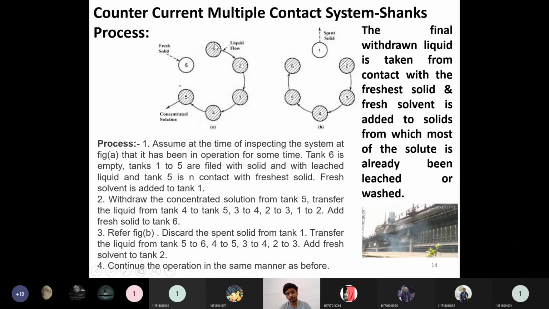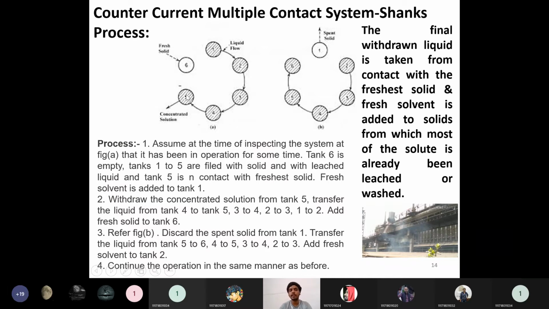It may be with some external force applied, or agitation, or some percolation tank. They are not discussing that, only the contact pattern. Tank 1 is first filled with solids and solvent, then tank 2, then similarly tank 3, tank 4 and tank 5.